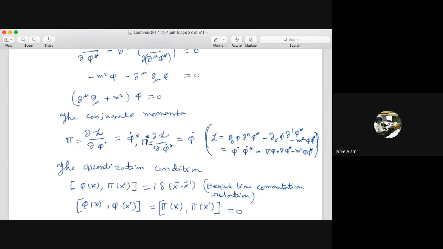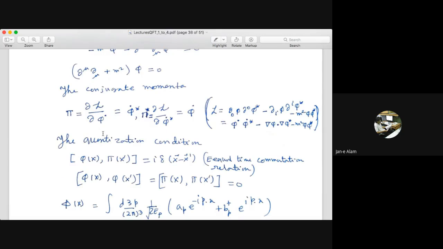Similarly, for the complex part, pi star will be del L del phi dot star, which will be simply phi dot. So I know the four variables now: phi, pi, and phi star, pi star. These are the four variables which I have instead of two, phi and pi, for the real field, because the degrees of freedom are just doubled here.